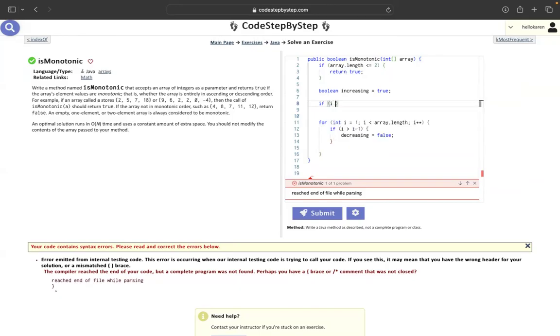Except now it wouldn't be i. So how do you say if the second element in your array is bigger than the first element in your array? How do you get the second element in your array? Like this.